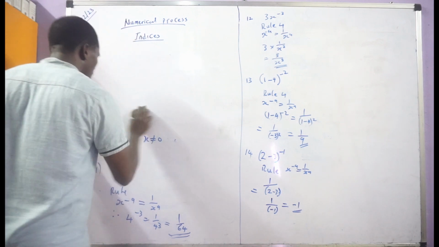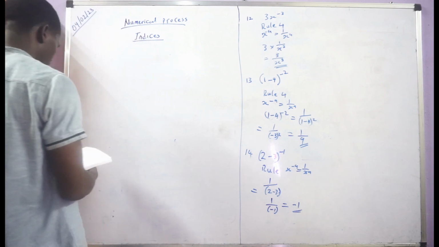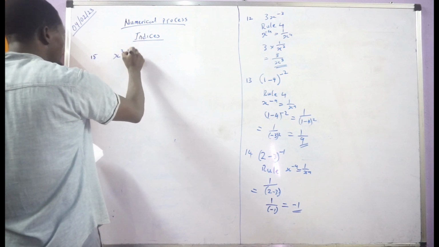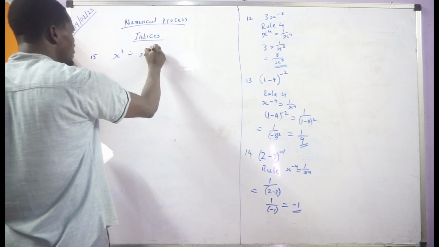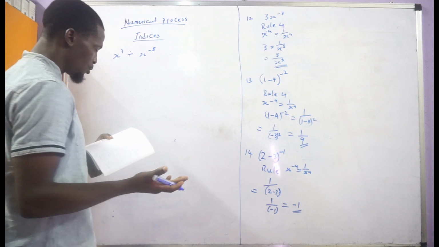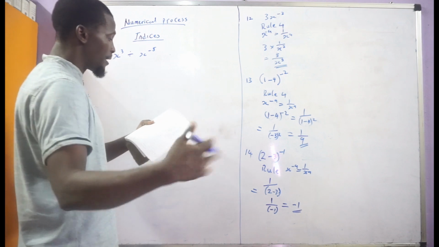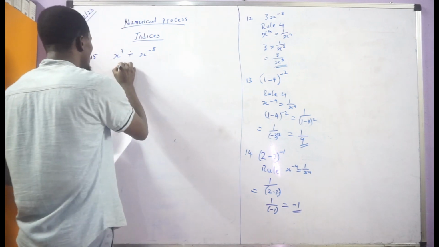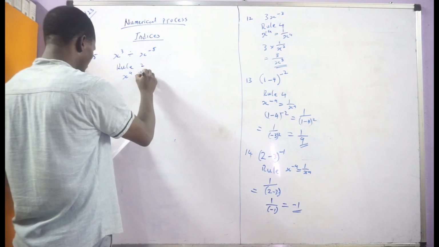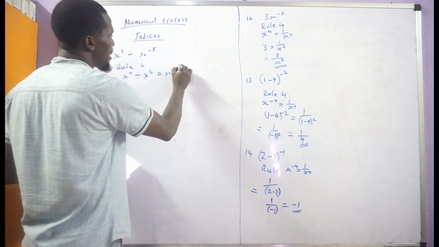Let's go to number 15. Number 15 says x raised to power 3 divided by x raised to power minus 5. This is a combination of rules, but we don't even need to apply different rules. We can just use rule 2, which is x raised to power a divided by x raised to power b equals x raised to power a minus b.